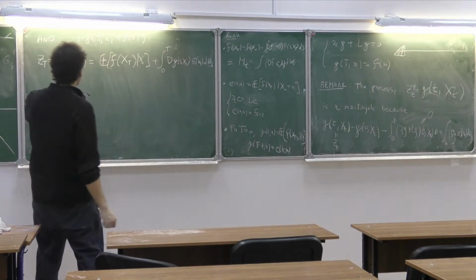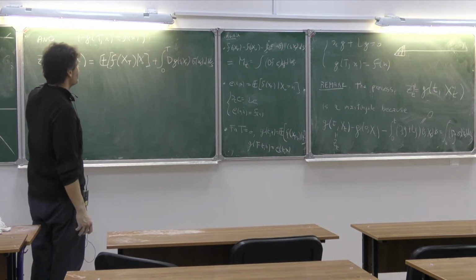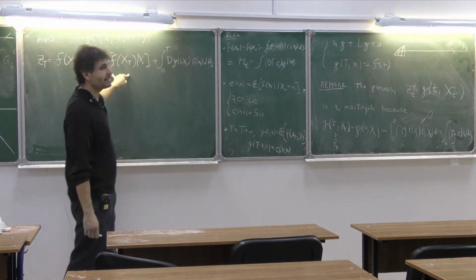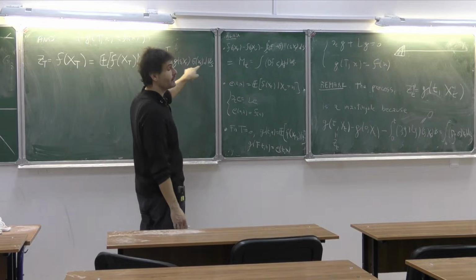So we are writing a function of xt as its expected value plus a stochastic integral.